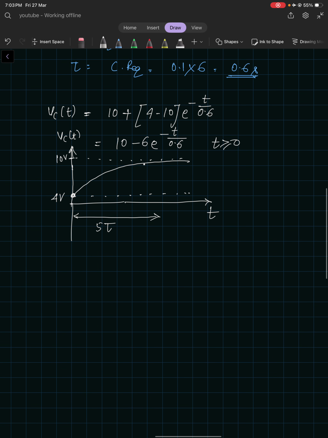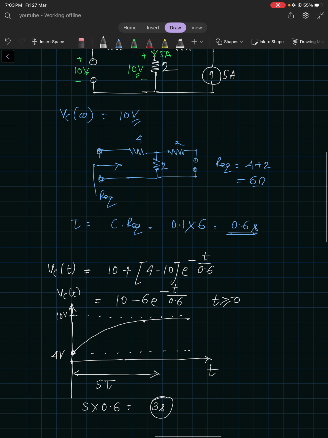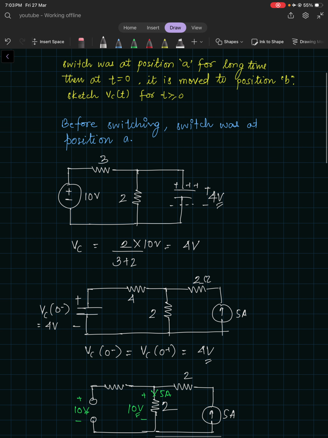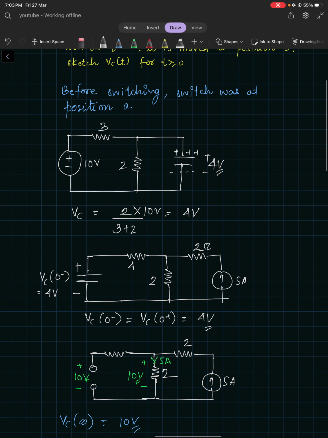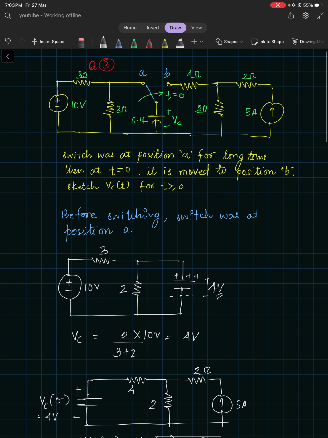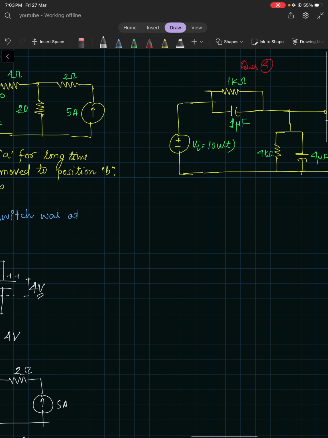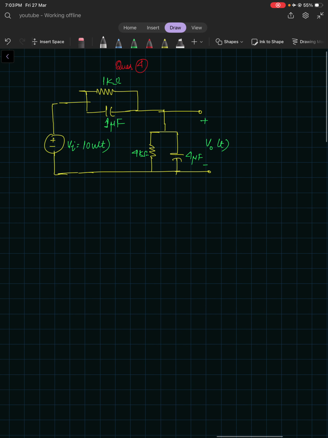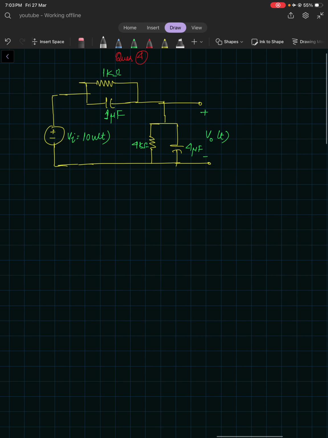Roughly I will take 5 tau. So 5 tau is 5 into 0.6, that is 3 seconds. After 3 seconds this system will settle down, right? So the transient time is 3 seconds, right? So moving forward to question number 4.